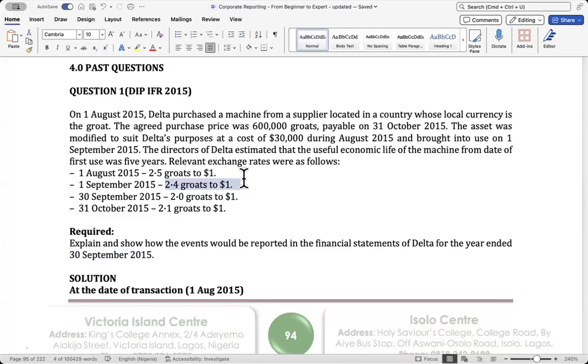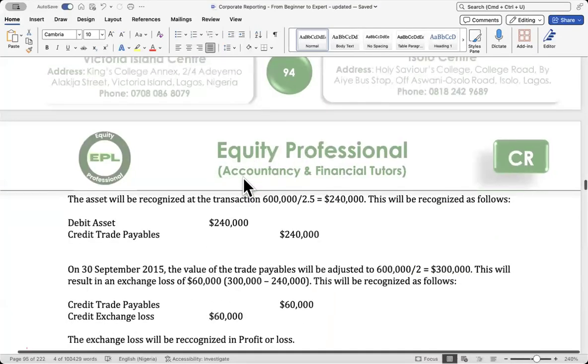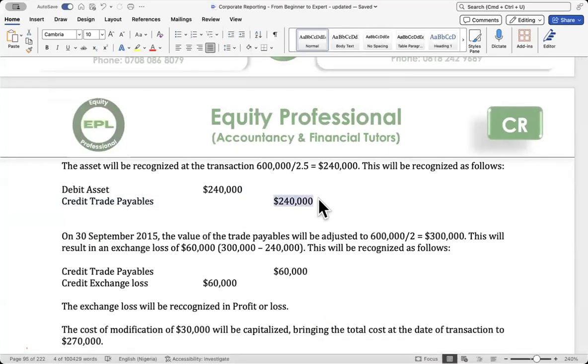So we would update our trade payables from the 240 that was there before. We are going to translate it at 2, which is the closing rate.